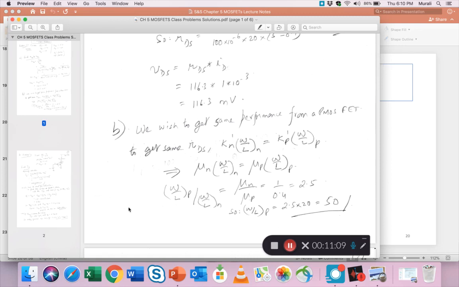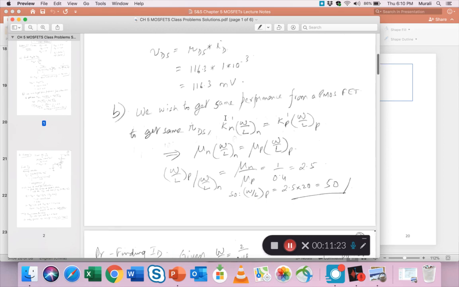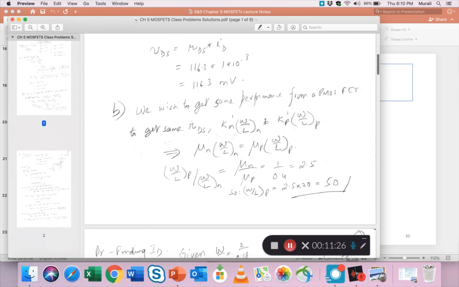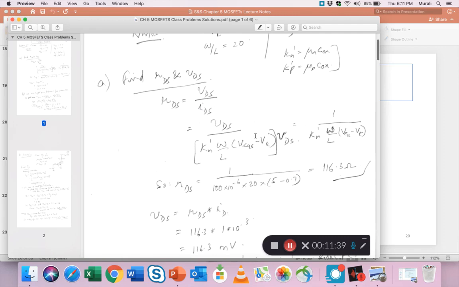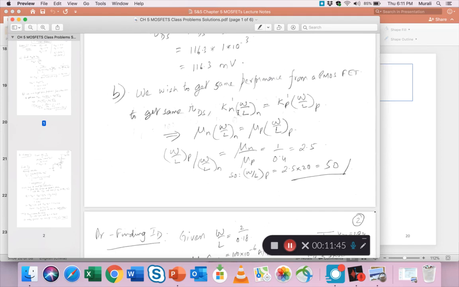Part B is where we have to say if you want a PMOSFET, then what will be the aspect ratio. So here, remember, the aspect ratio is given as 20, right? Width by length is 20. So if you take the ratio of these values, because this is RDS, right? This is a relationship for RDS in addition to other things in the denominator. Assuming everything else is the same, then RDS depends on this kind of relationship.